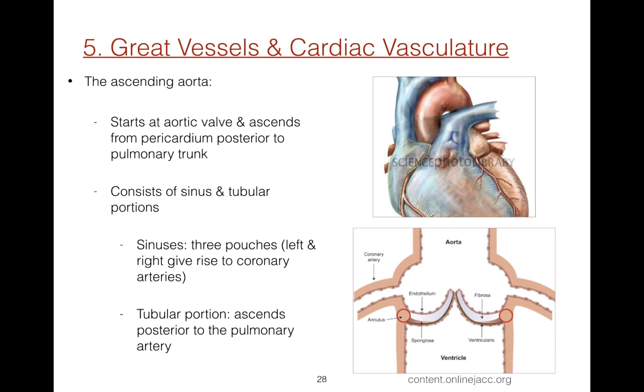The sinuses are 3 pouches, and the left and right sinuses give rise to the left and right coronary arteries. The tubular portion, which is superior to the sinuses, ascends posterior to the pulmonary artery.